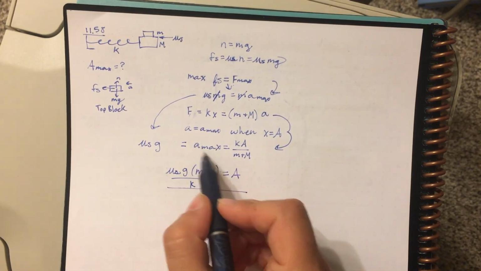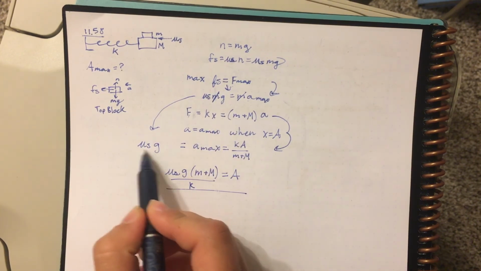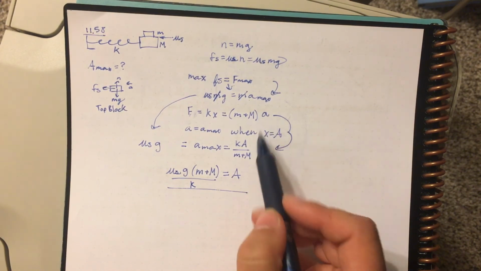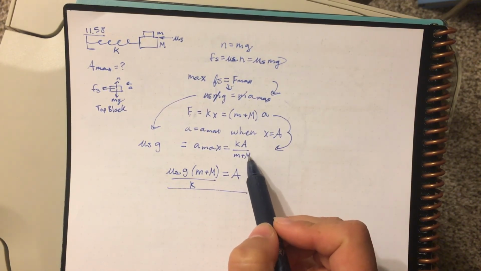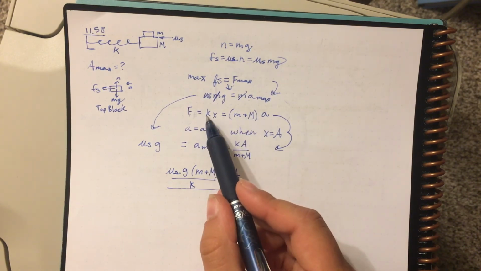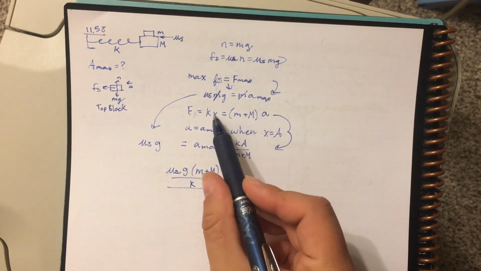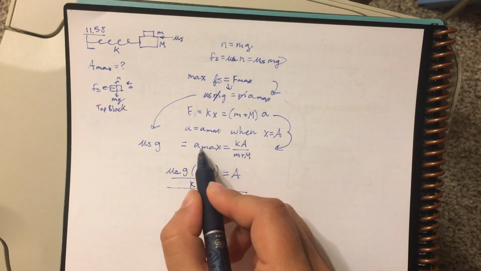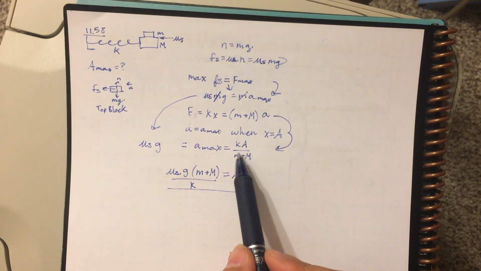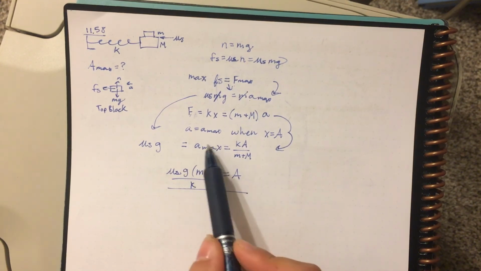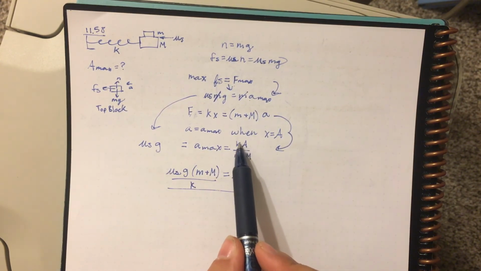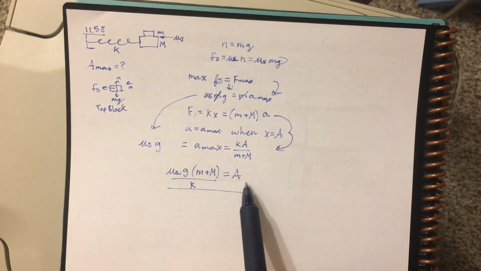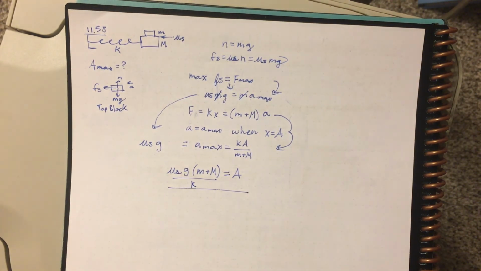So then A max equals this thing down here again, mu sub s g equals kA over m plus M. So this is just this, and then a is subbed in for that. Divide this whole thing by m plus M, and then you've got a equals this thing here. At this point, you forget about a in the middle, set these two equal to each other, divide this by this section, and then you have amplitude equals this thing.